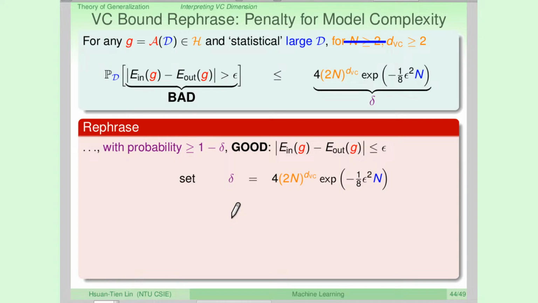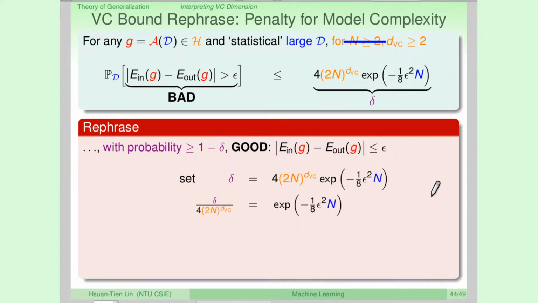Basically, with probability higher than some tolerance, we can guarantee the result to be good, meaning E-in is close to E-out. So this is just reverting the direction of the inequality. Now, what we can do here is to set this tolerance to be the upper bound here. That's what we want to guarantee.